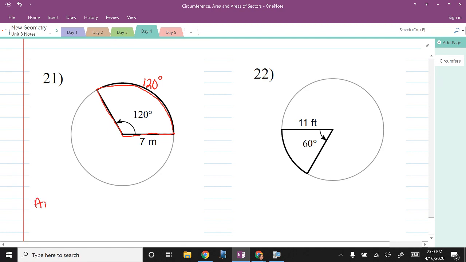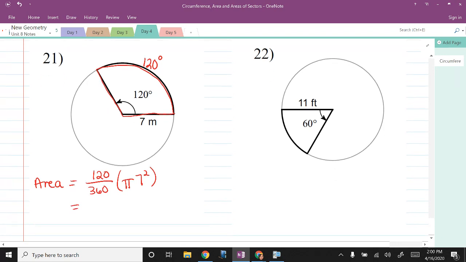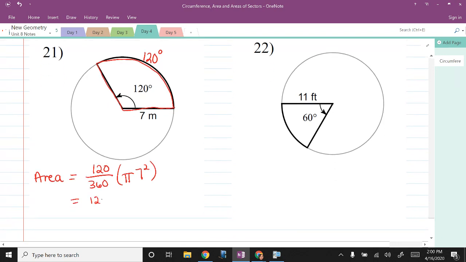So the area of the sector is going to be 120 over 360 times pi times the radius squared. And the radius is 7. So order of operations, I'm going to do my square first. So 120 over 360 times 49 pi. And my calculator helps me out.